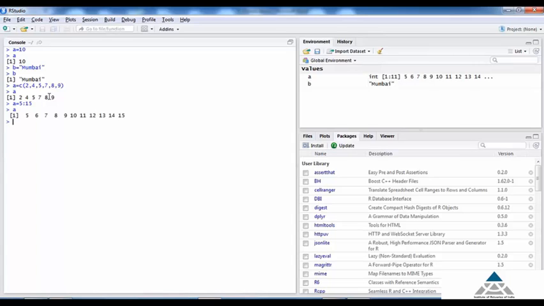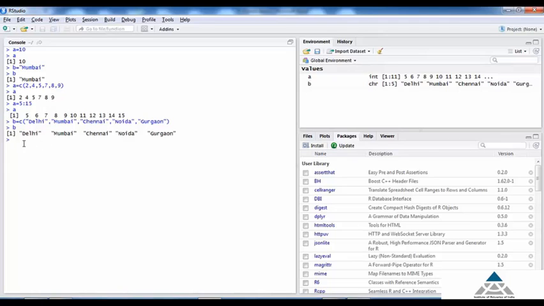In this case, all the numbers from 5 to 15 will be stored in A. We can see that by executing A over here. In case of storing multiple text values, we write B is equal to "Delhi", "Mumbai", "Chennai", "Noida", "Gurgaon" and so on. We must put them in quotes to ensure that they are read properly by R.